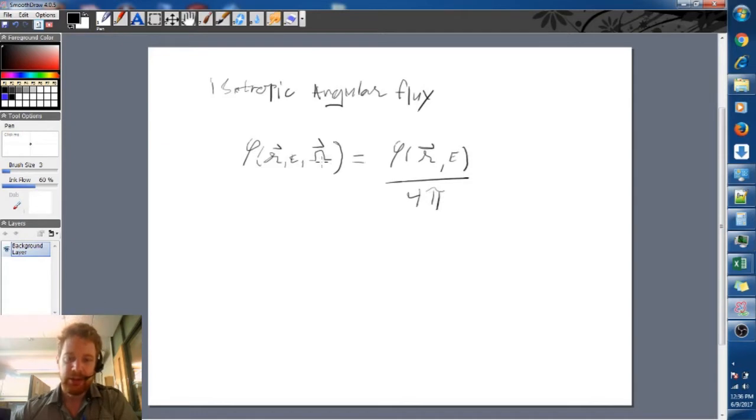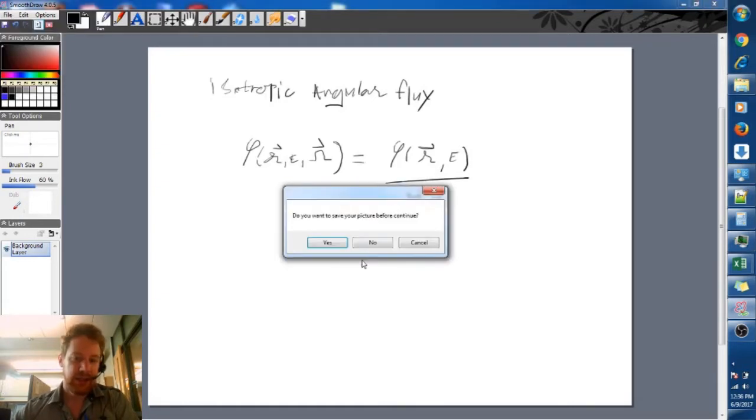So the energy dependent flux at any direction is just 1 over 4 pi of the energy dependent flux, but only in the isotropic case. Okay, so that's the isotropic angular flux.